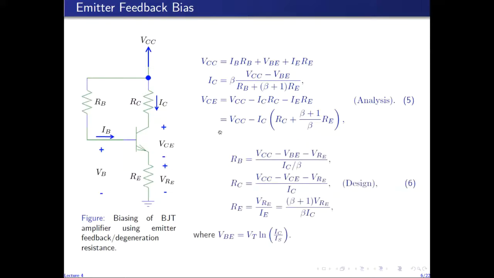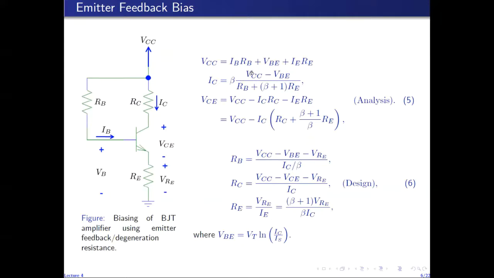On the other hand, given the bias point, IC and VCE, we can find the three resistors using these relations. So this equation here can be written in a form in which we can represent IERE as the voltage drop across RE. This equation can be inverted to get an expression for RC. And similarly, RE can be found by dividing VRE with IE.